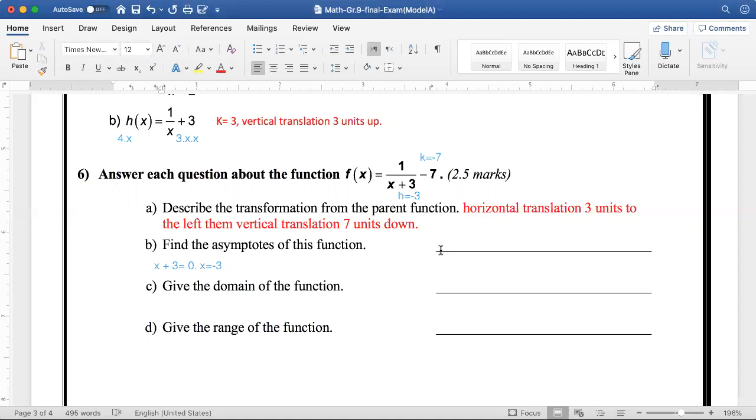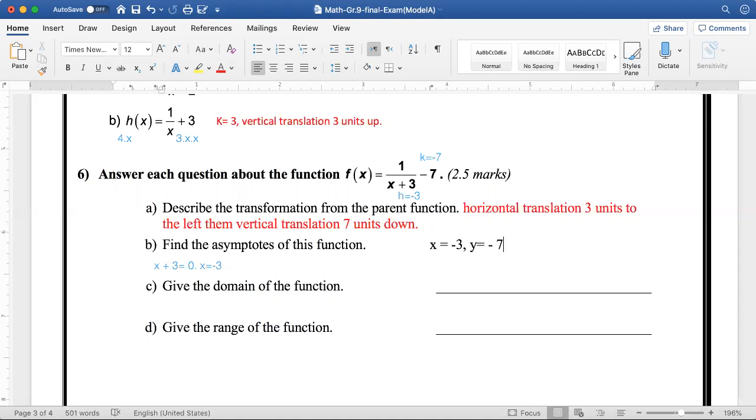So I will write the asymptote here: x is equal to negative 3, and y is equal to negative 7.